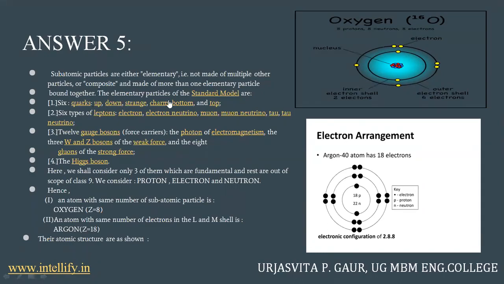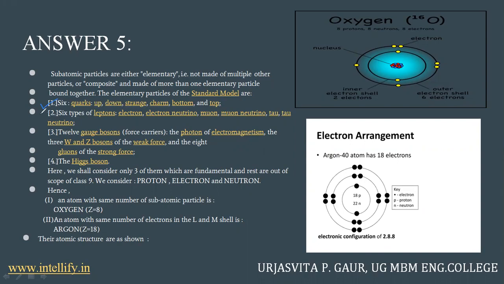If we take into consideration the standard model of subatomic particle research, we find that there are basically four types. The first type includes the six types of quarks, namely up, down, strange, charm, bottom, and top.